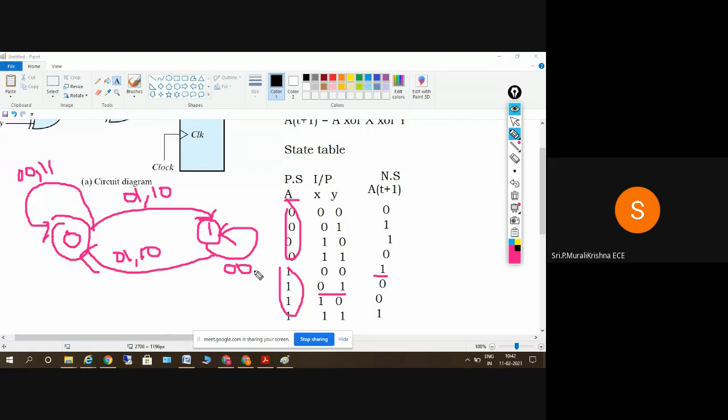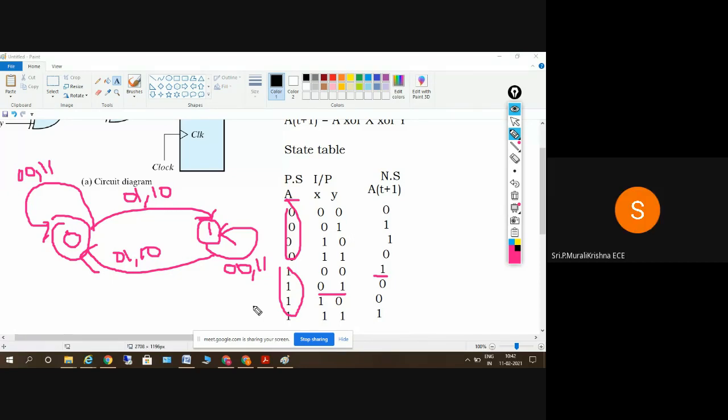And if it is 1 1, it will remain in the same state. So this will be the state diagram. Clear? Yes. So clear or not? Yes, sir.